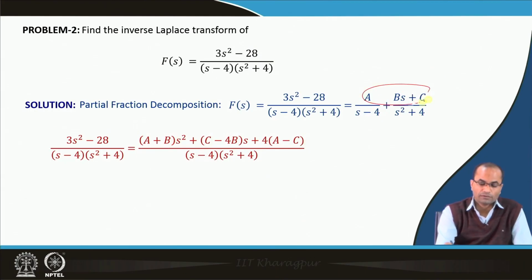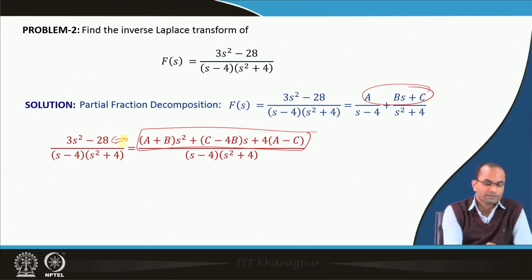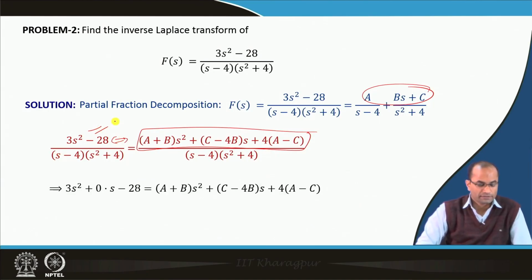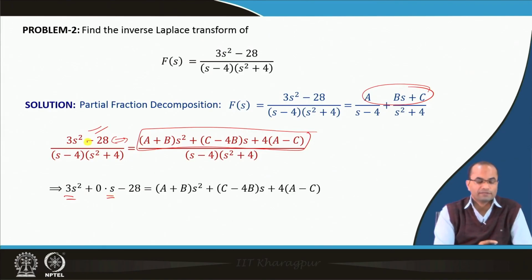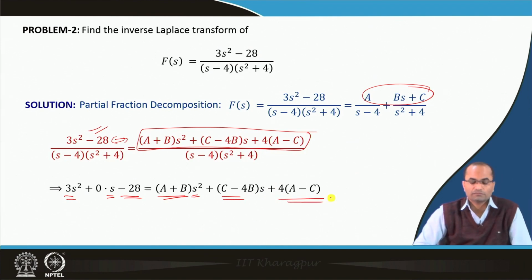So we have the numerator which has to be equal to the left hand side, which is 3s² − 28. We can compare here: the left hand side has 3s², the coefficient of s is 0, and the constant is −28; the right hand side has (A + B)s², then (C − 4B)s, and then the constant term 4(A − C).